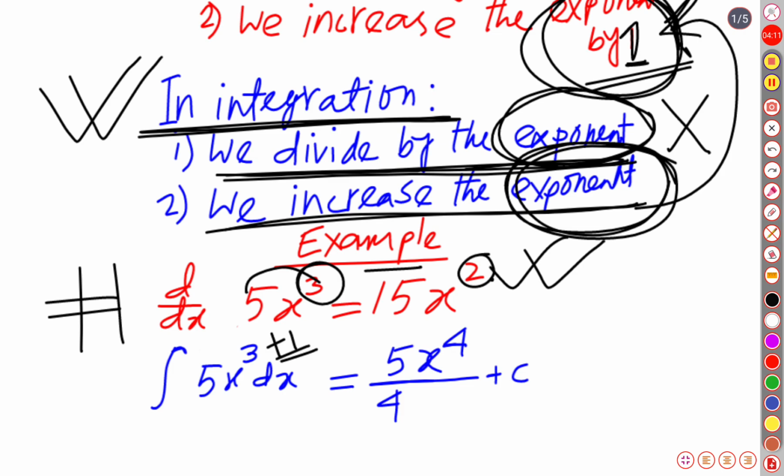So here there was 5. This 5 has been divided by the exponent 4. The exponent was given as 3, but it will be 4. That means the exponent is increased by 1, and the same exponent divides the coefficient. And last of all, we write plus c for the constant.